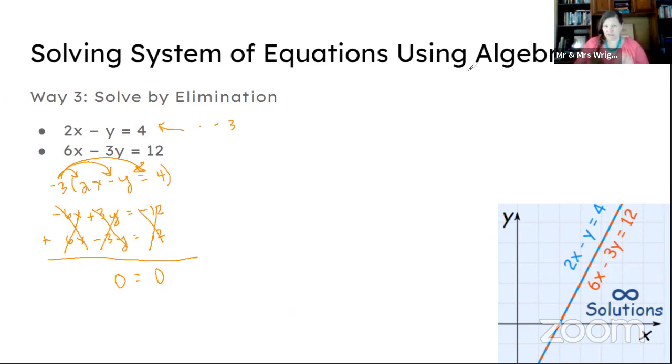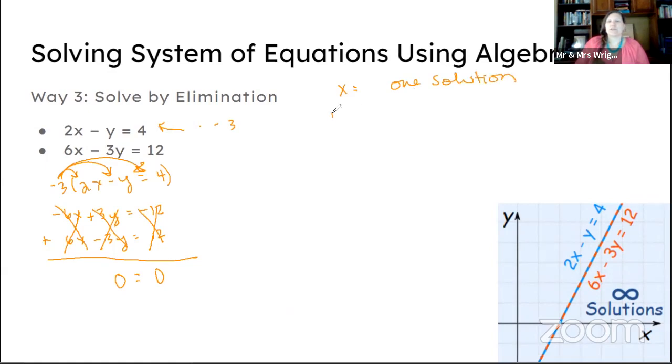Anytime you're solving a system of equations algebraically, if you get a variable equals a number, you're going to have one solution, right? If you get an untrue statement, a number equals a different number, this is no solution. If you get a number equals that same number, then you have infinite solutions.